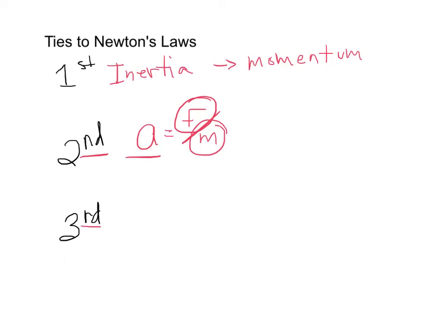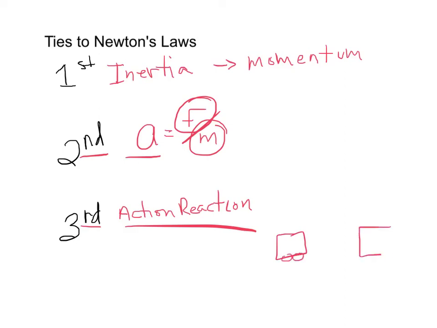Newton's third law, the law of action-reaction, ties in when we start talking about collisions, because for every action there's an equal and opposite reaction. So when car 1 impacts with car 2, the forces acting between them are going to be equal and opposite.